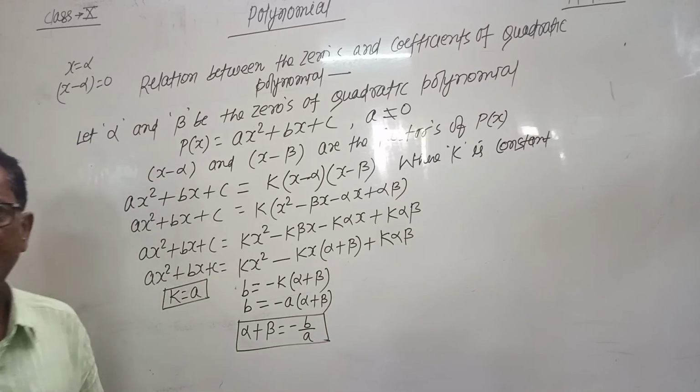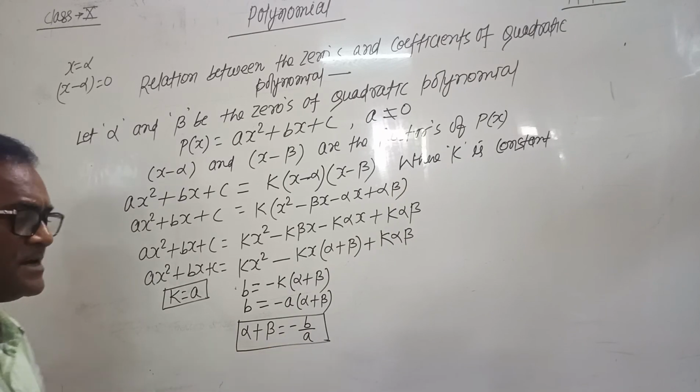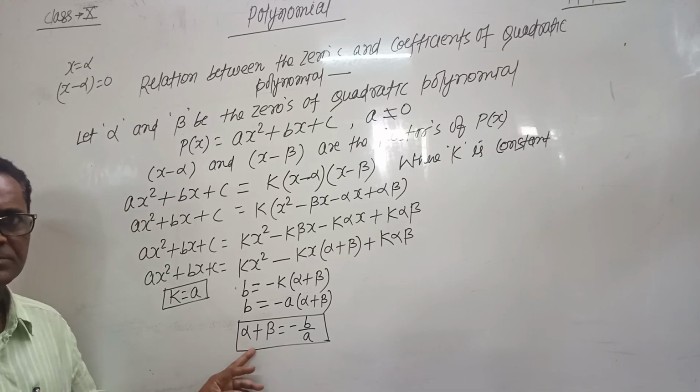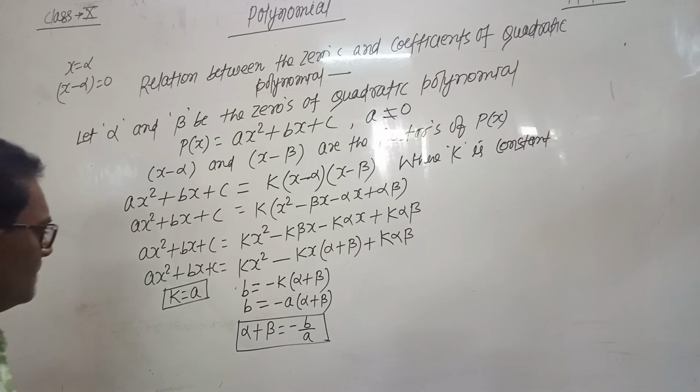So what is alpha plus beta? Alpha plus beta is the sum of zeros, because alpha and beta we have supposed as two zeros.